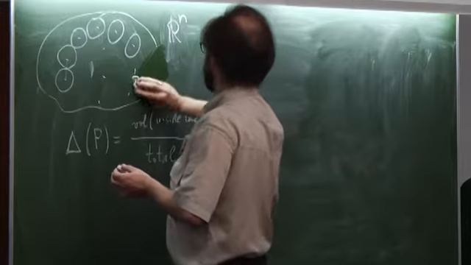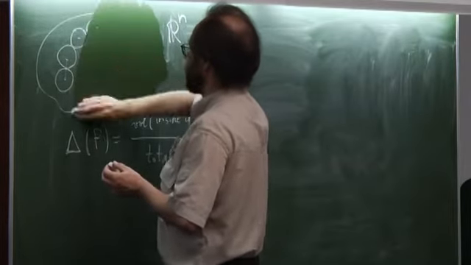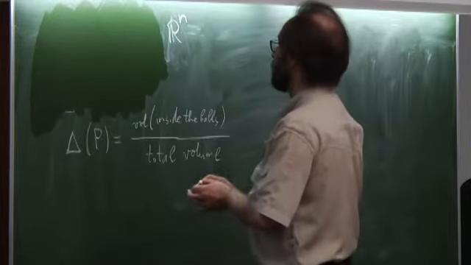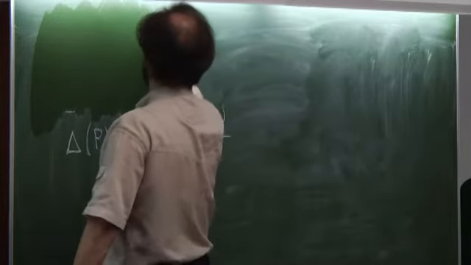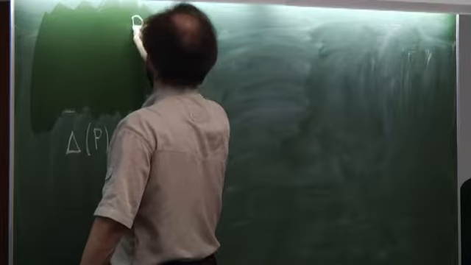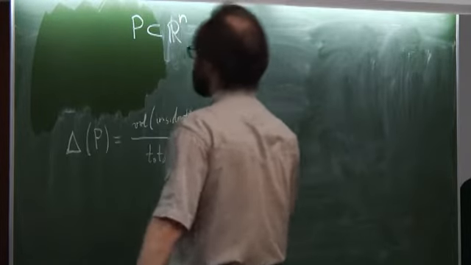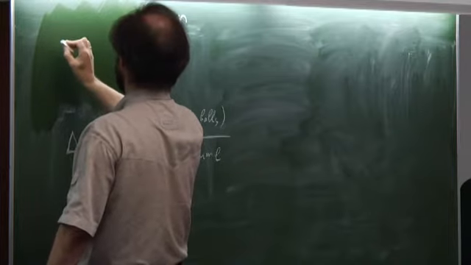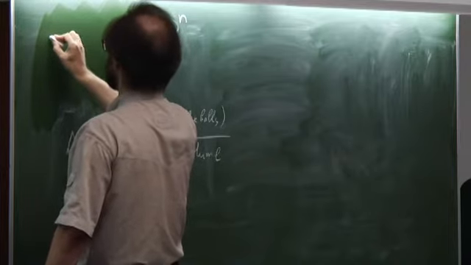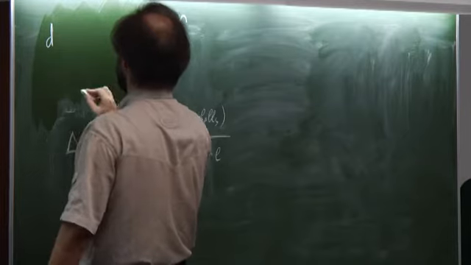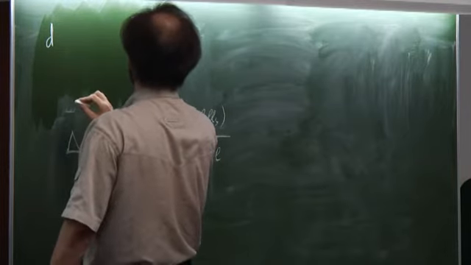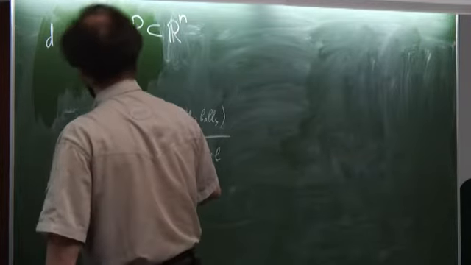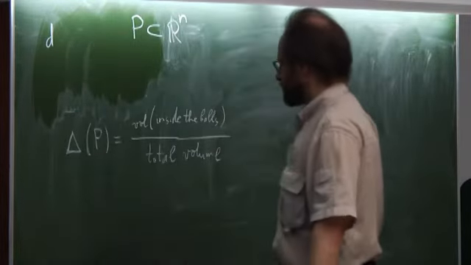So we have R to the n, and the packing is inside here, and it has parameters. One is the minimum distance, and another one is the co-volume, and another one is the density.